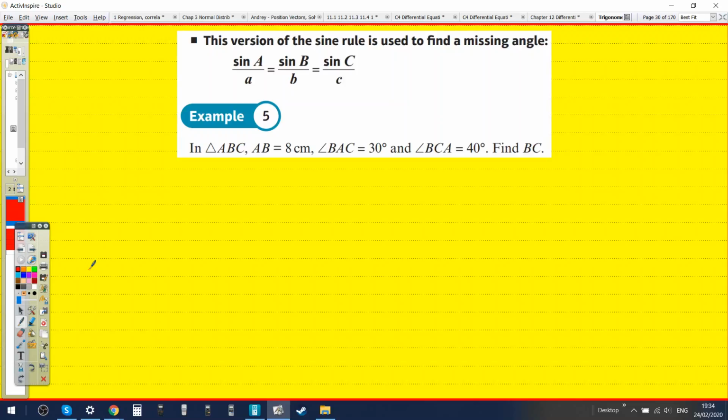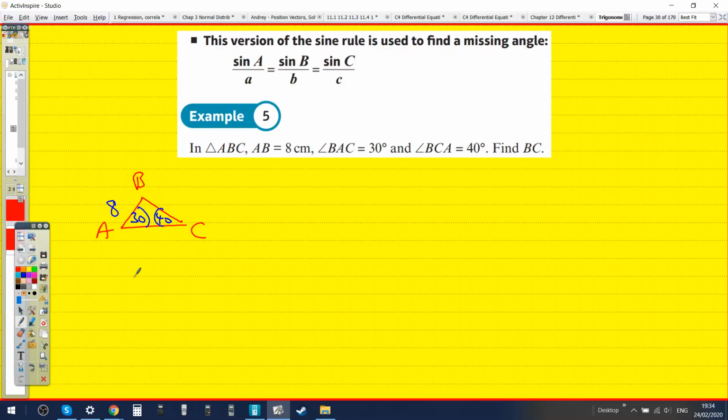Okay, so I'm guessing I need to draw out a triangle again. Yep. And so, do I need to label the angles here?